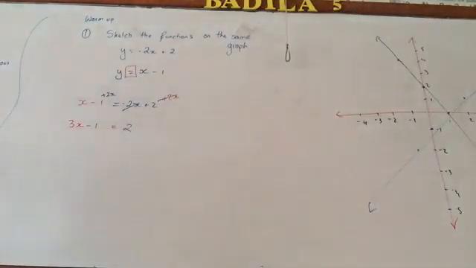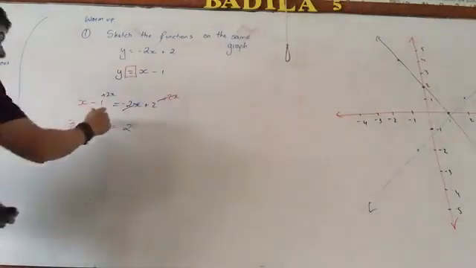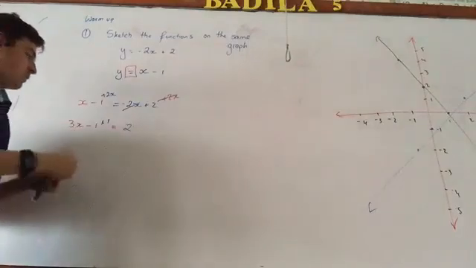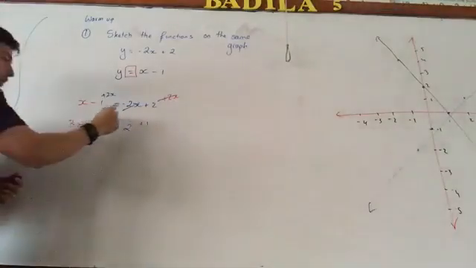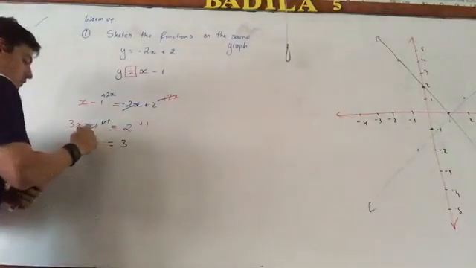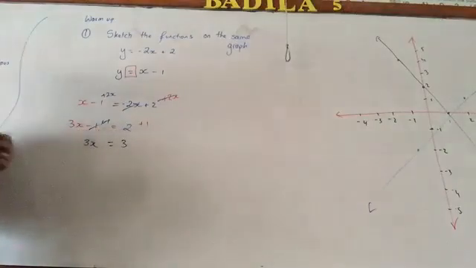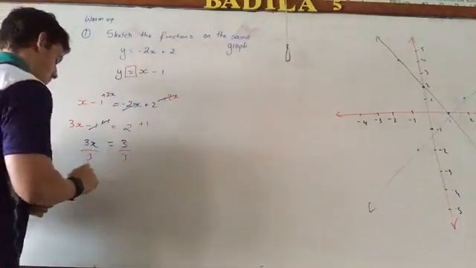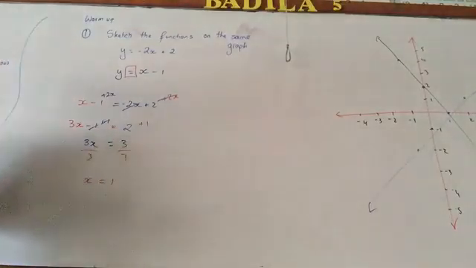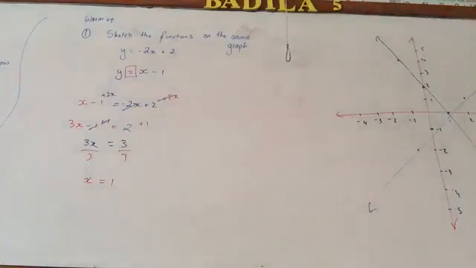What do I do with the minus 1? The 1's on the left. 3 equals? X equals? That's interesting. What happened at x equals 1? That's where they collided, correct?